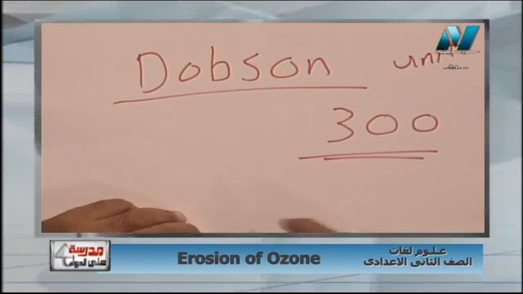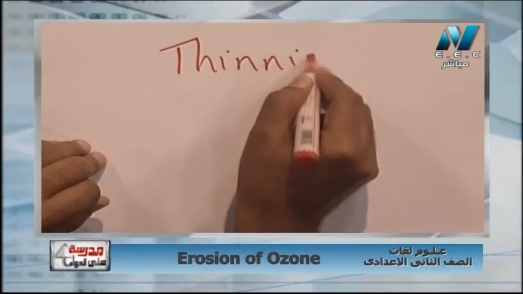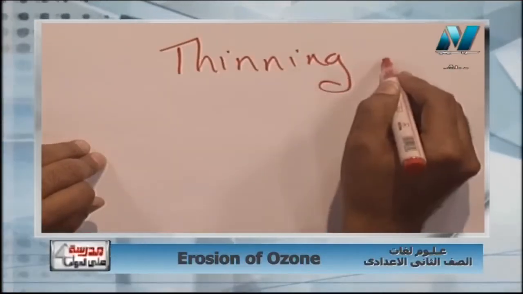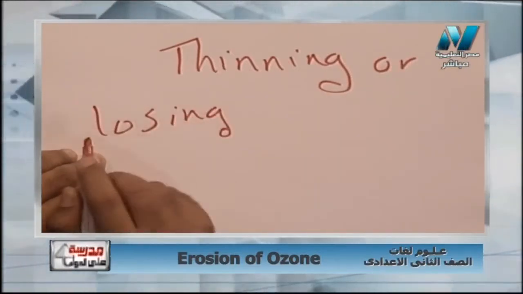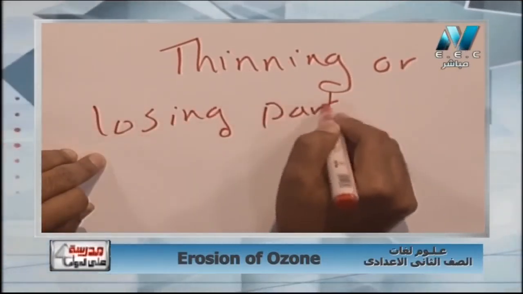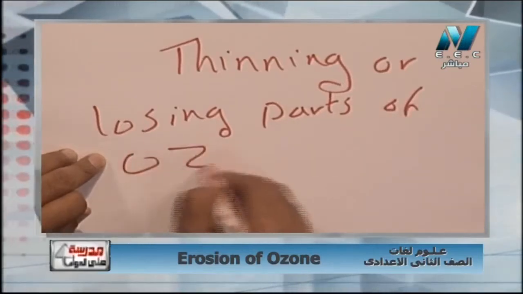Okay. But this ozone, now we hear a lot of times on TV news that the ozone has hole. What's meant by ozone hole? Okay. Ozone hole means thinning or losing parts of ozone.